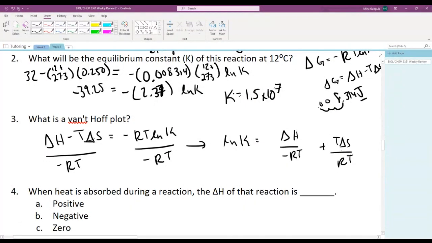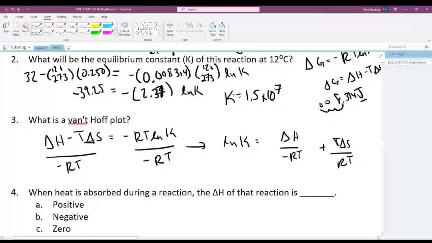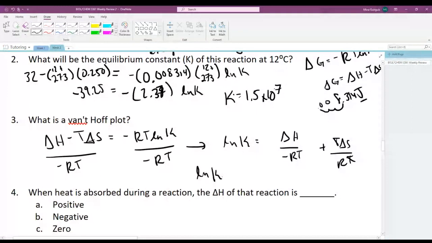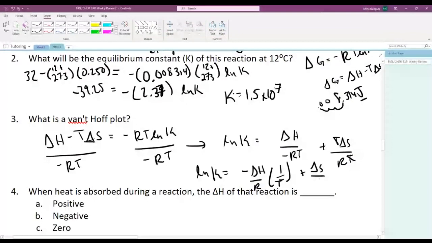So then what happens here is these temperatures cancel, and so the final form of the equation that we get is natural log of K equals negative delta H over R times 1 over T plus delta S over R. So why is this helpful to us? If you're given a bunch of data, you can graph it, and you graph 1 over T versus natural log of K, and this is a y equals mx plus b plot.